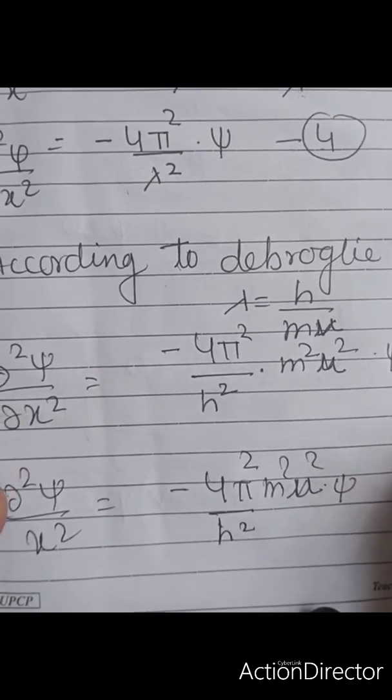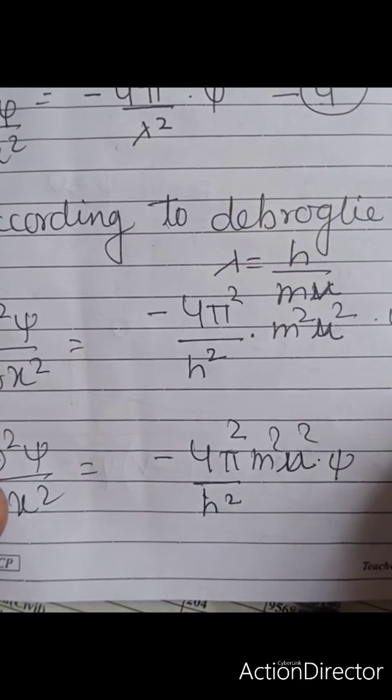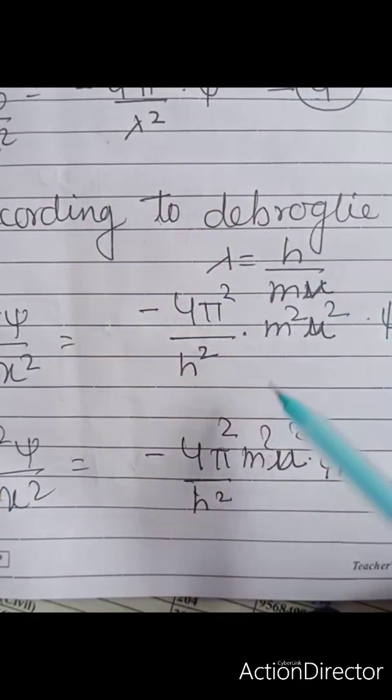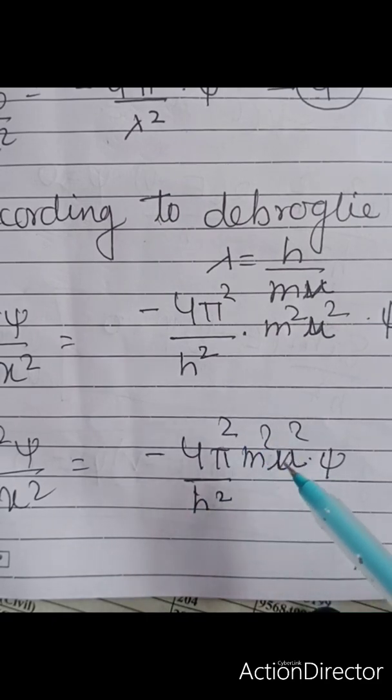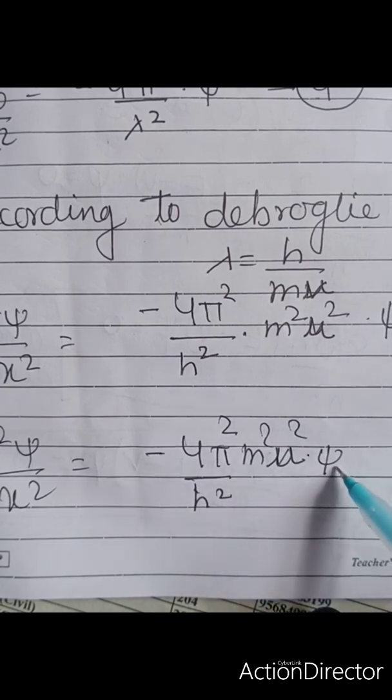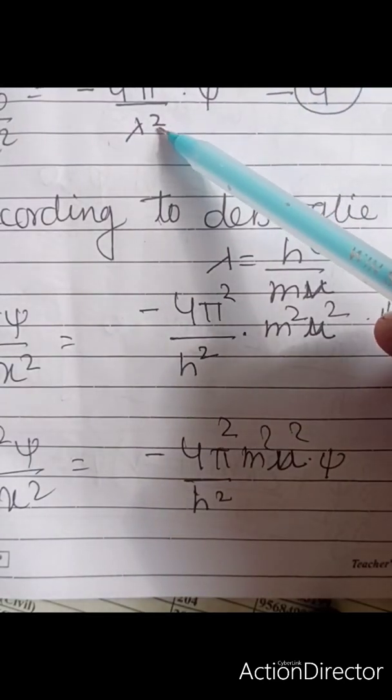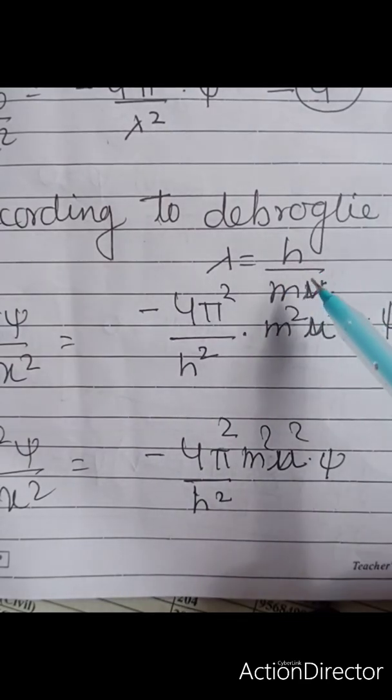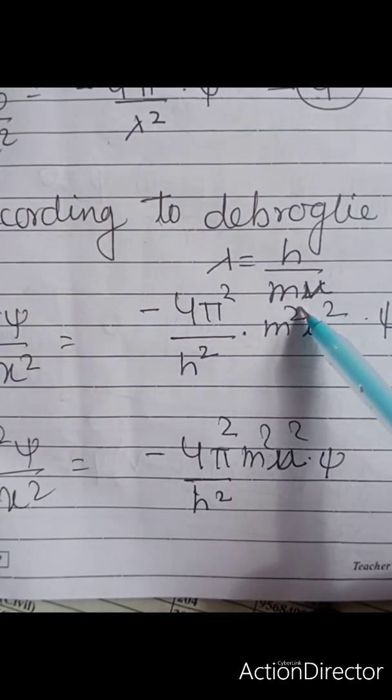So my equation becomes, if I solve this whole, minus 4π² m²u² upon h² psi. What I have done is just replace lambda by h upon mu.